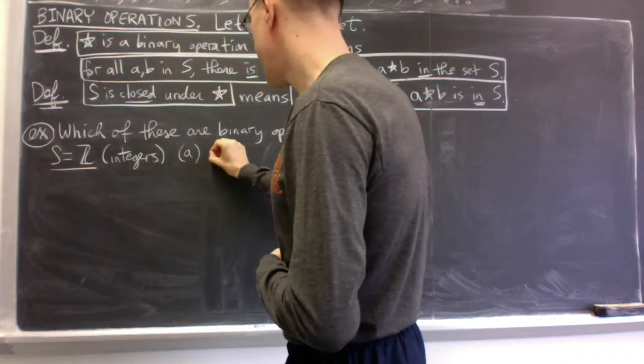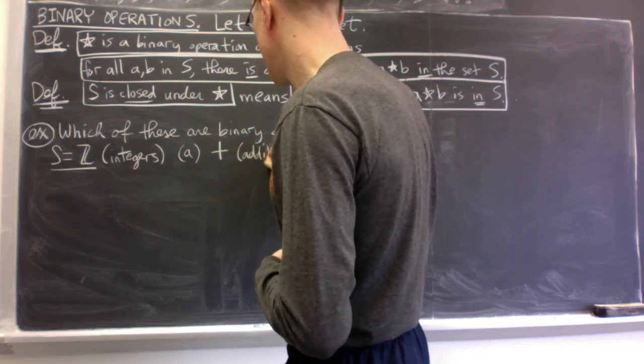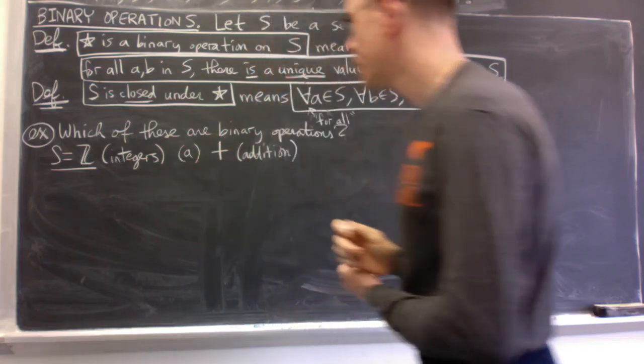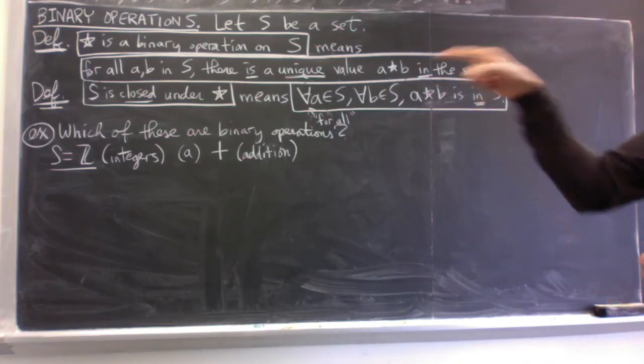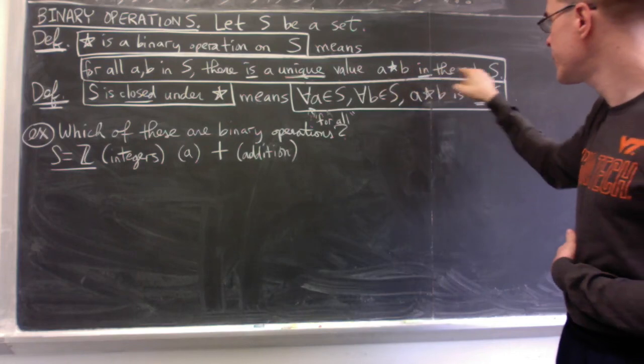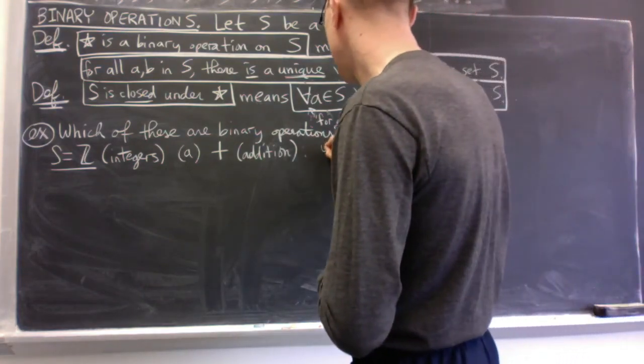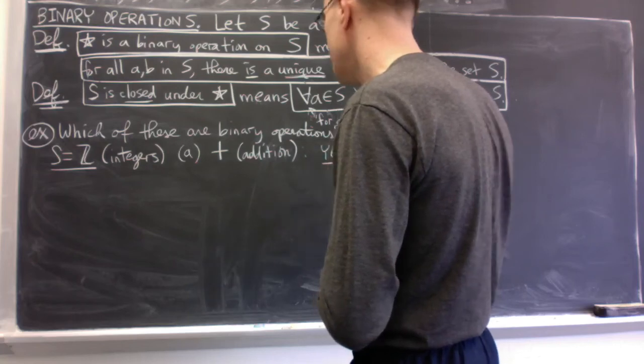If instead of star we had addition, plus, on the integers, if you take any two integers, there's another integer, a unique integer a plus b, that's still an integer. So that works. That is a binary operation.